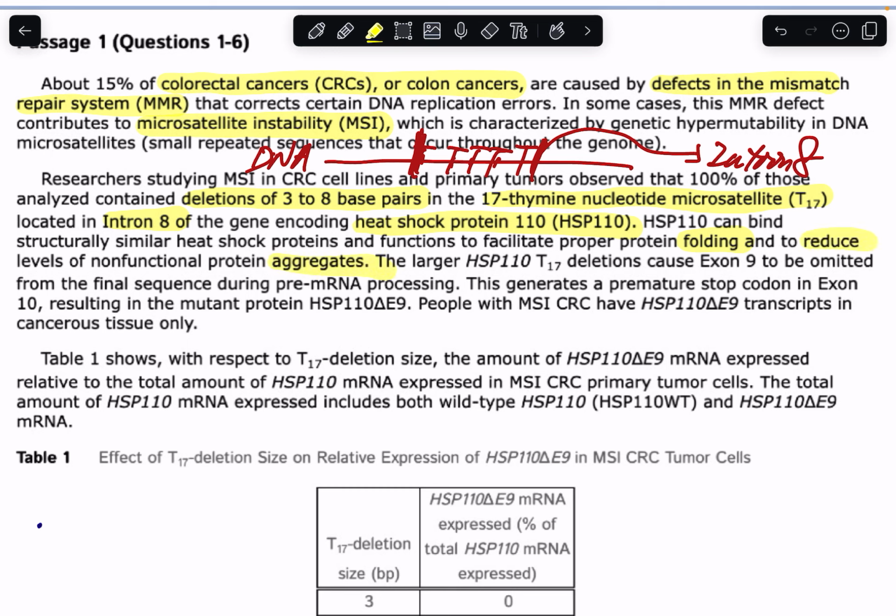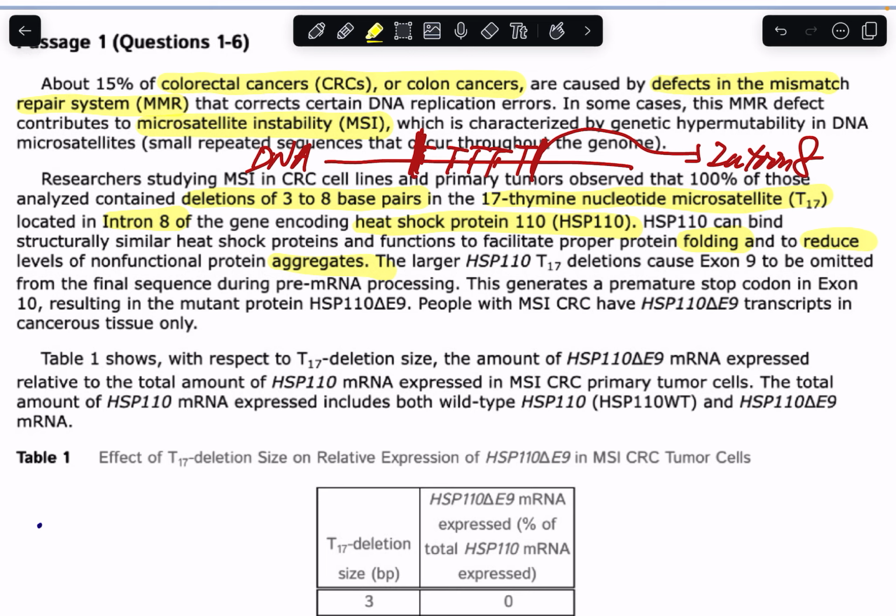Okay, there are two functions of this protein that the paragraph introduces. The first is that it can bind to the similar heat shock proteins to facilitate protein folding, and the other function is to reduce protein aggregation. Okay, perfect. Good to know the functions of this protein, right? There could be a question that asks us about this protein, so it's good to know its functions.